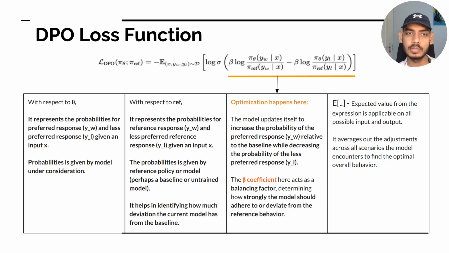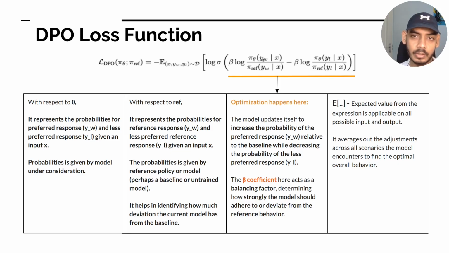So what does this loss function look like? Here you have the expectation E of minus log sigma of beta log of pi theta over pi reference for a given response, given x, and so on. We'll understand each part here. Pi theta is nothing but the probability score of a preferred response.